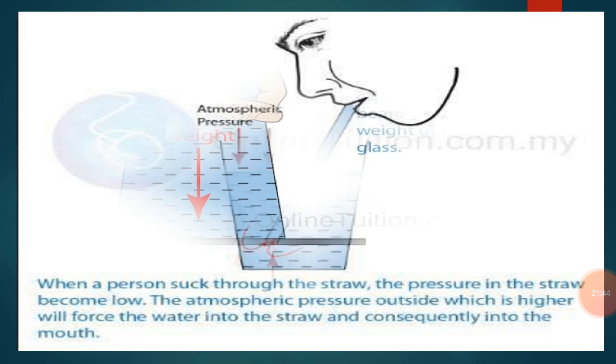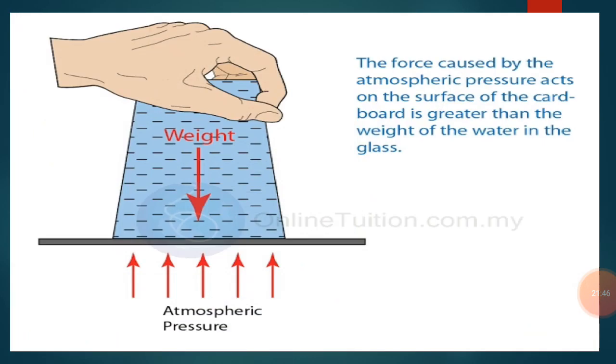Now the next one. I have already told you about this activity, that the force caused by the atmospheric pressure acting on the surface of the cardboard is greater than the weight of the water in the glass.